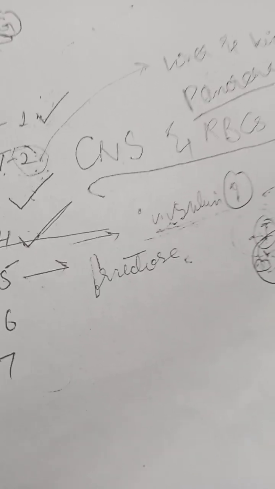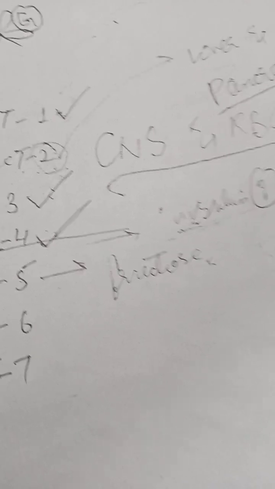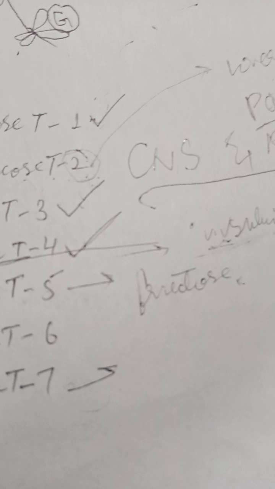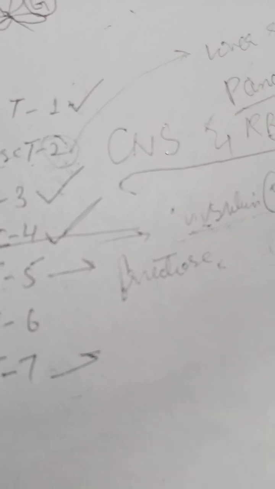utilize fructose. Then we have glucose transporter 7. Glucose transporter 7 works with the endoplasmic reticulum and does gluconeogenesis. What is gluconeogenesis?